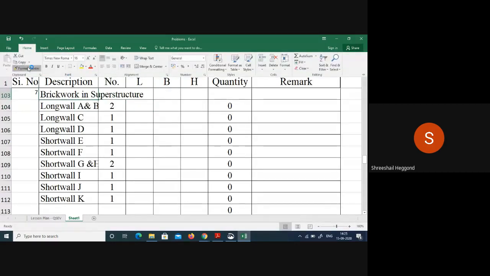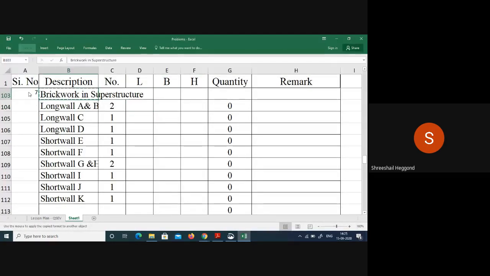Calculate dimensions. Length of long wall is 11.9 plus both the side you need to add extra length, that is 0.3 divided by 2. That will be 12.2. Breadth is 0.3. Height is 3 meters. We are considering it. Therefore, quantities.